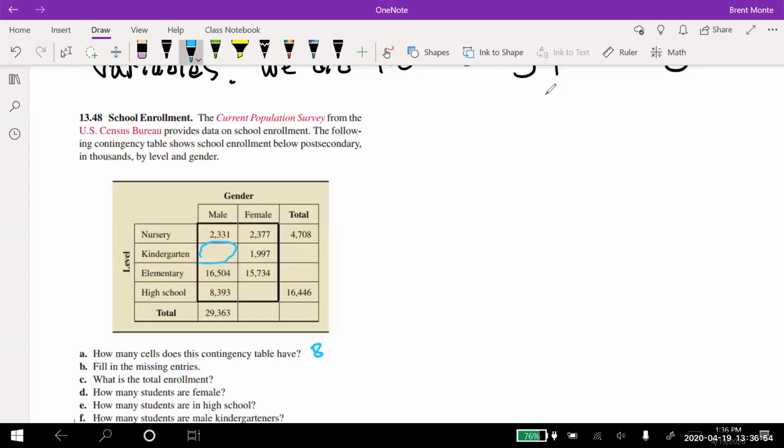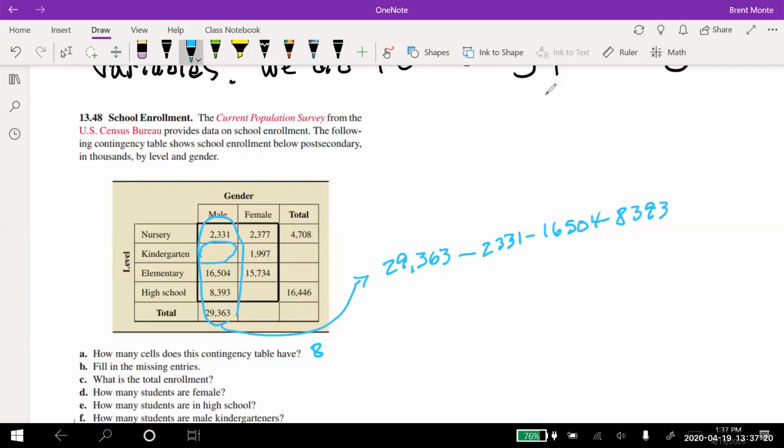So what I'm going to do is take this total, the 29,363, and subtract away the other numbers in that column. So I'm going to subtract away the 2331, the 16,504, and the 8393.